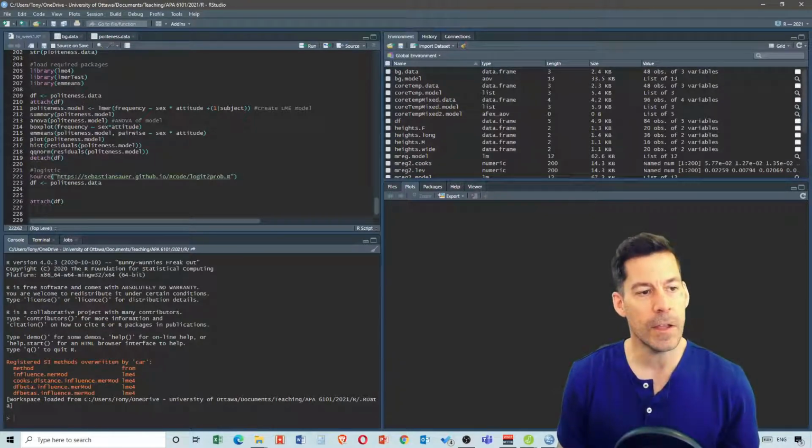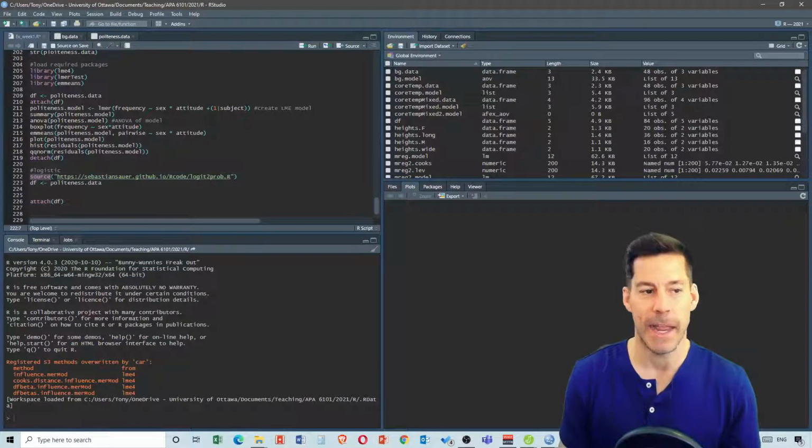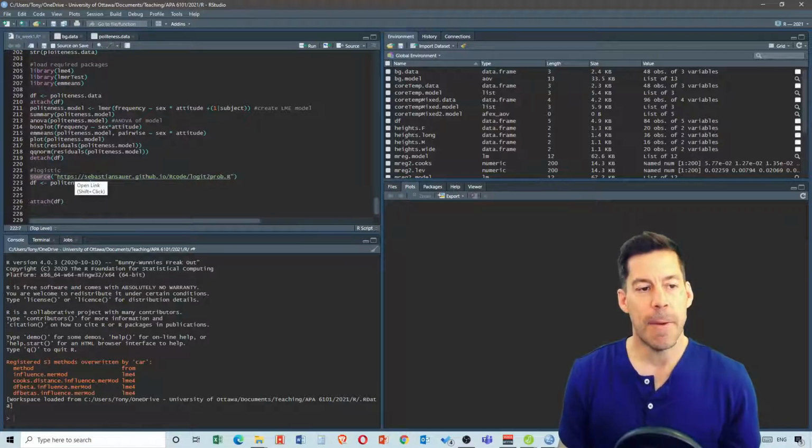We use the command source, and then we need to put in the website name. It's https://sebastiansauer.github.io/rcode/logit2prob.r, and those need to be in quotes.